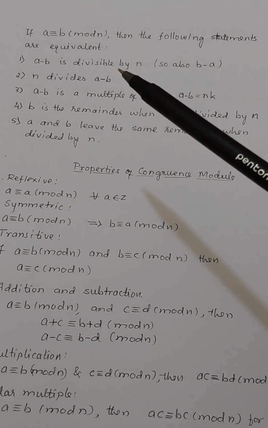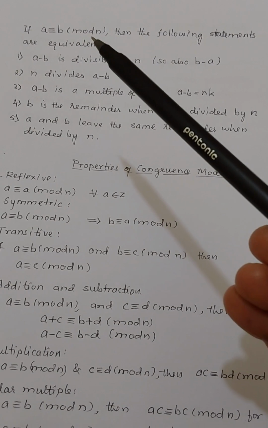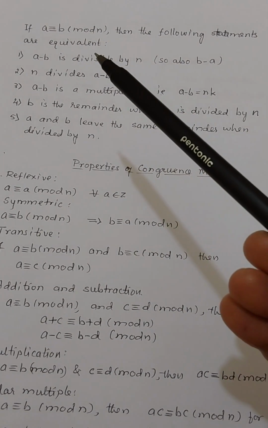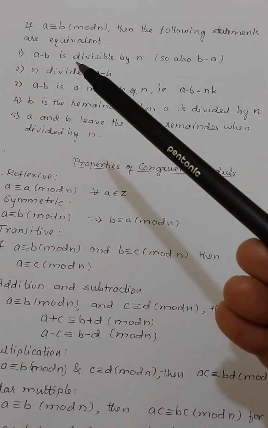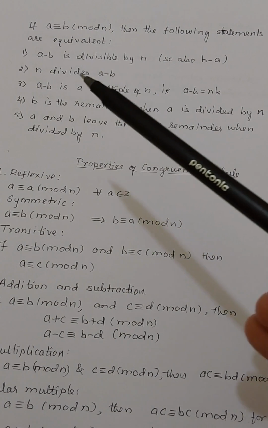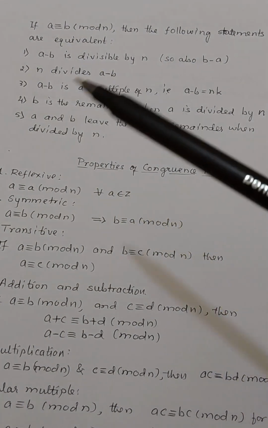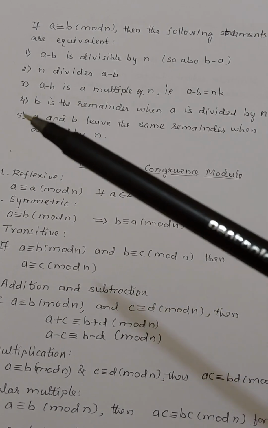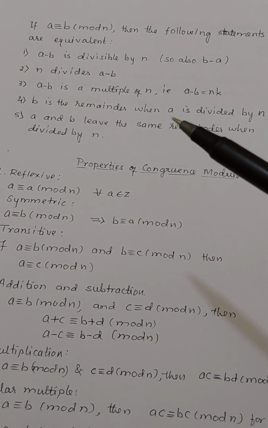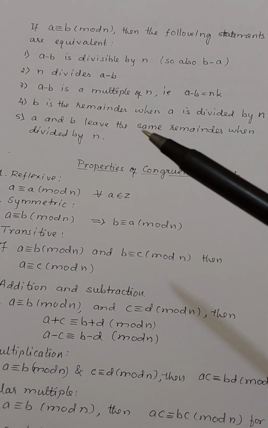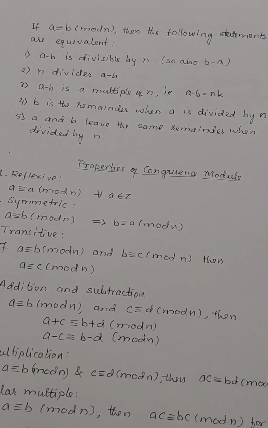If A and B are congruent with respect to modulo n, then the following statements are all equivalent. A minus B is divisible by n, so also B minus A. Or n divides A minus B. Or A minus B is a multiple of n. Or B is the remainder when A is divided by n. A and B leave the same remainder when divided by n.